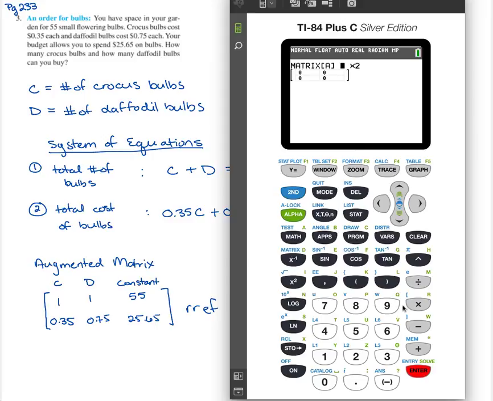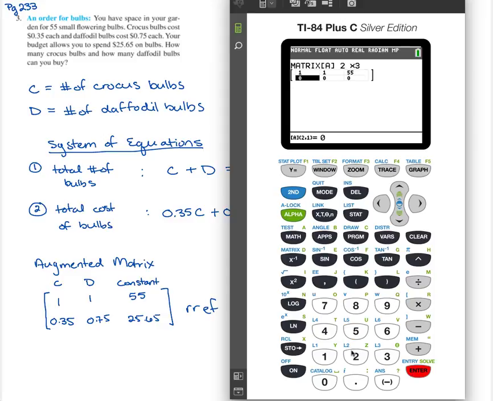So go ahead and press enter. You need to indicate the number of rows and the number of columns of your matrix. Right here we have a 2 by 3 matrix, and it's always rows times columns, so 2 rows and 3 columns. Notice that it brings up a 2 by 3 matrix, and now we just type in our numbers: 1, 1, 55.